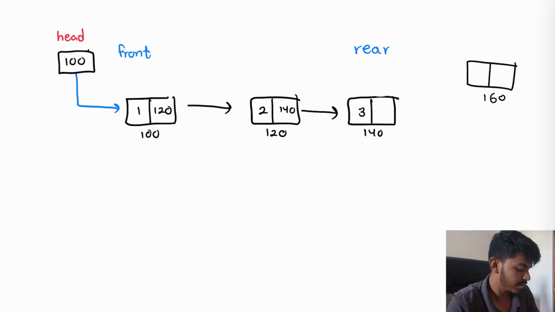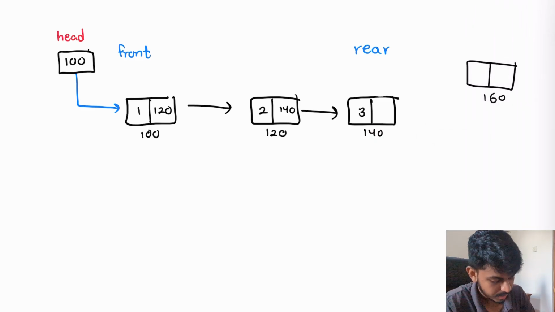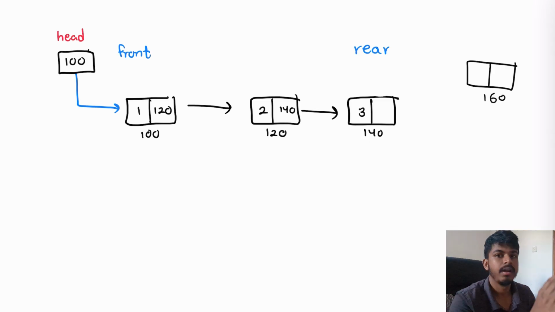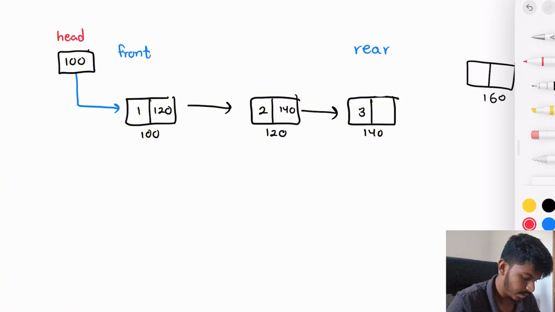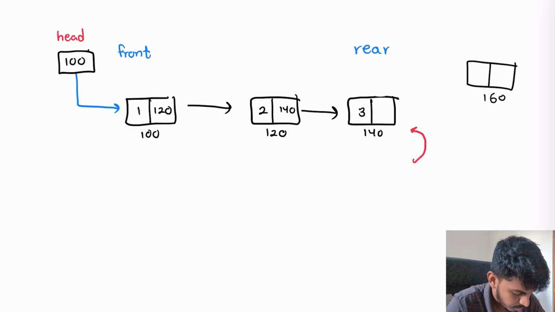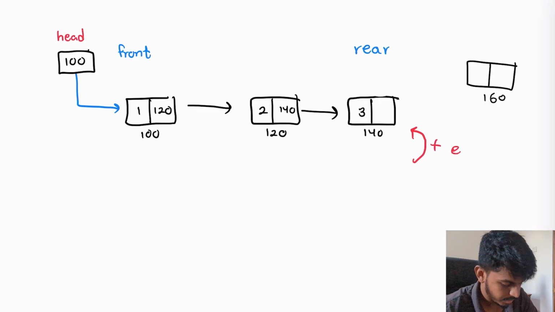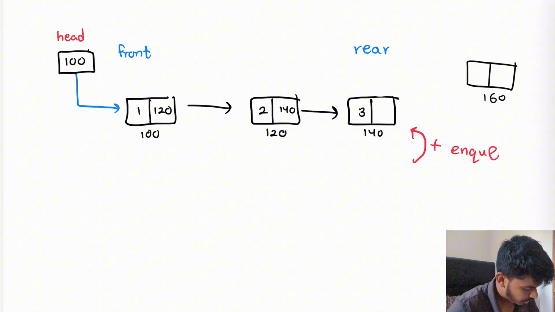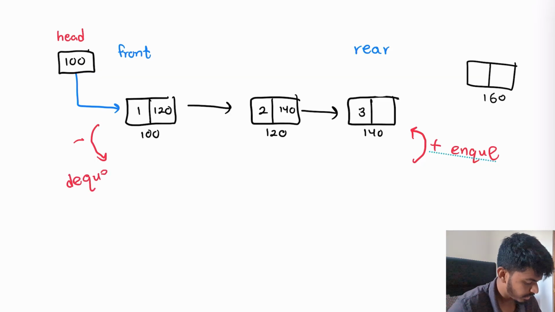The front node has the head pointer pointing towards it, and to implement the FIFO rule, all we have to do is enqueue, that is insertion from the rear, and dequeue, that is deletion from the front.